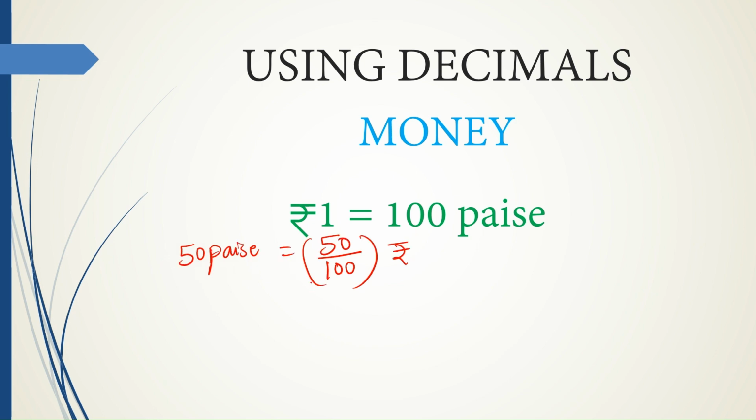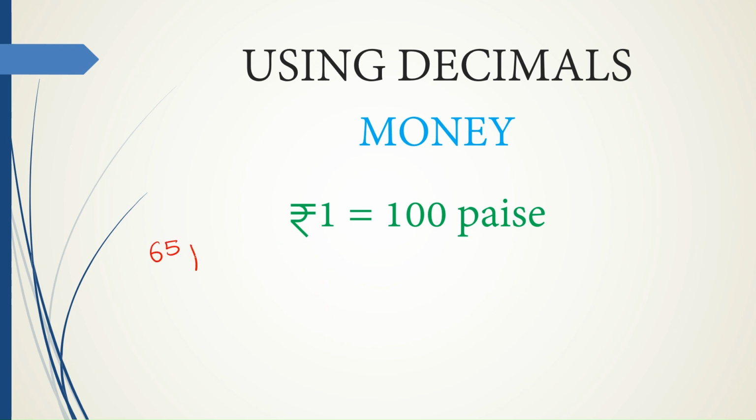We divide both numerator and denominator by 10. 50 divided by 10 means 5, and in the denominator 100 divided by 10 means 10. 5 upon 10 rupees, or as a decimal number 0 point, in the tenth place we write 5. 0.5 rupees.